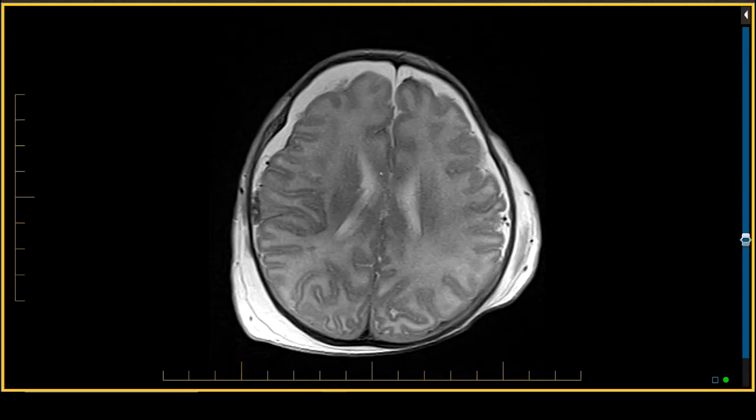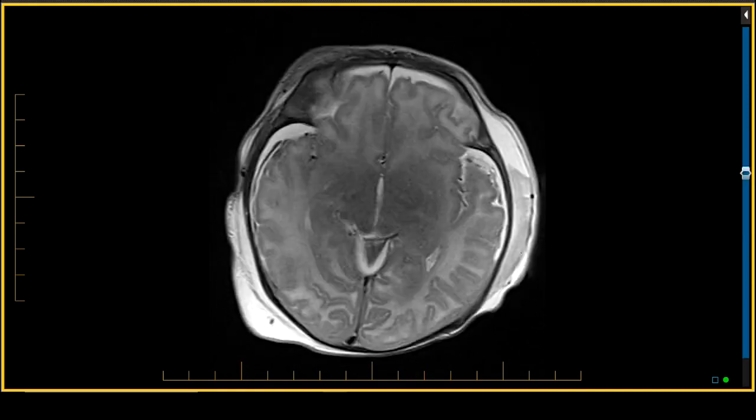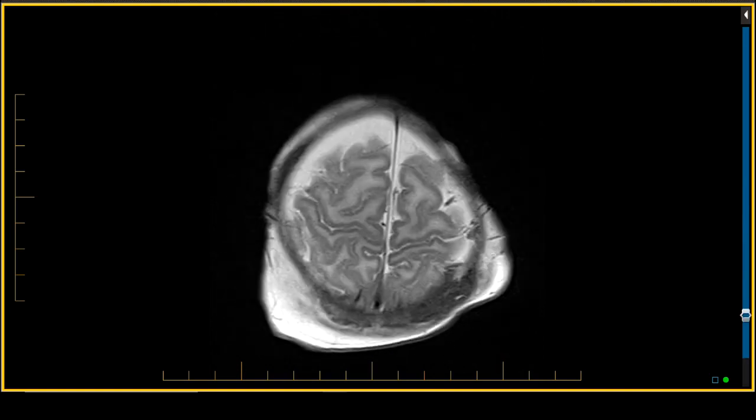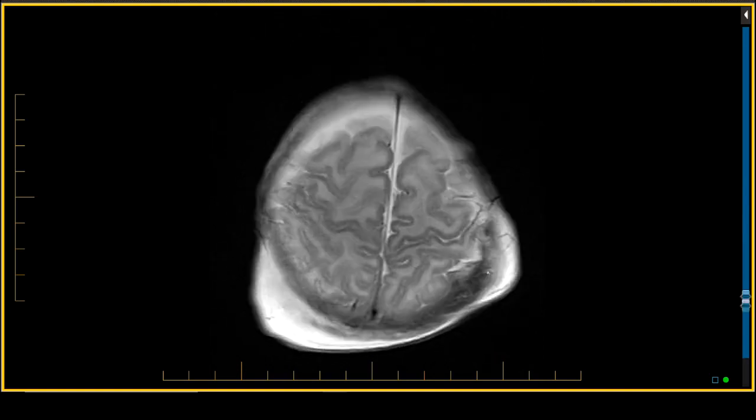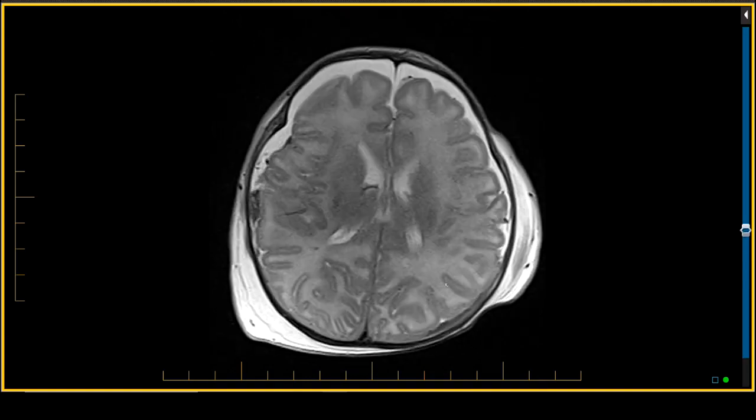This is the MRI scan of the patient 4 days later. It shows continued swelling of the soft tissues of the scalp, as well as the fracture site and blood products underlying the fracture site on the right side.